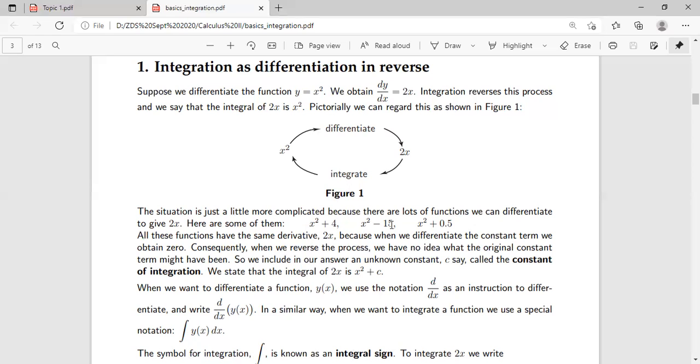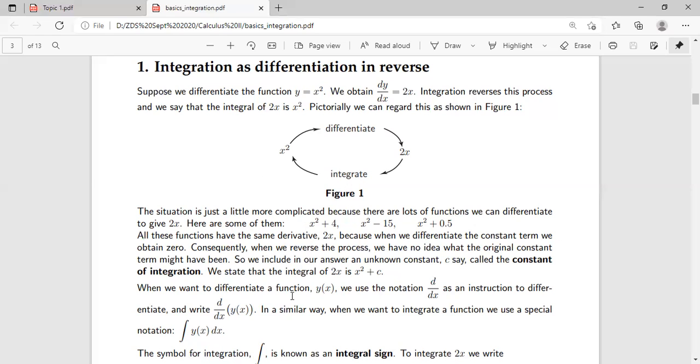We'll be coming into that later on. We will represent the family of the antiderivatives of this form by f(x) plus c, where c is an arbitrary value.